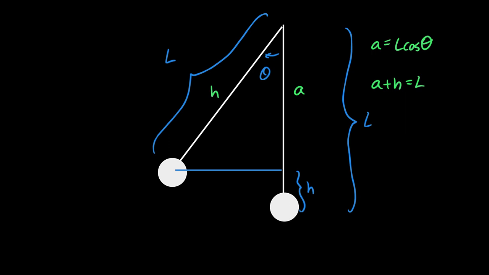Is that okay? All right. So L cosine theta plus H equals L. So if I solve this for H, I get L minus L cosine theta, or L times 1 minus cosine theta.